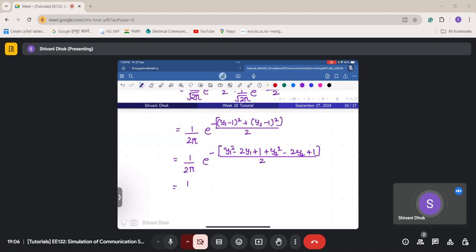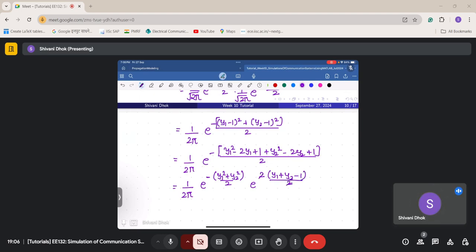So this becomes 1 over 2 pi into e power minus y1 square plus y2 square by 2, taking these two common, into e power plus y1 plus y2 minus 1.